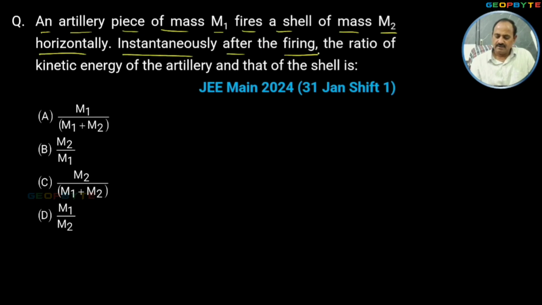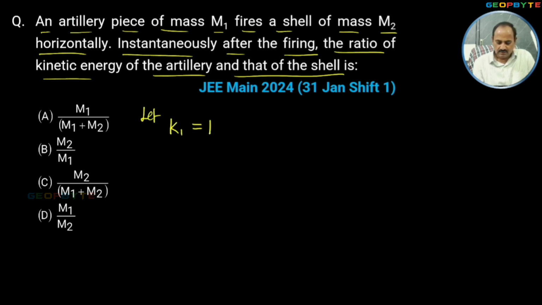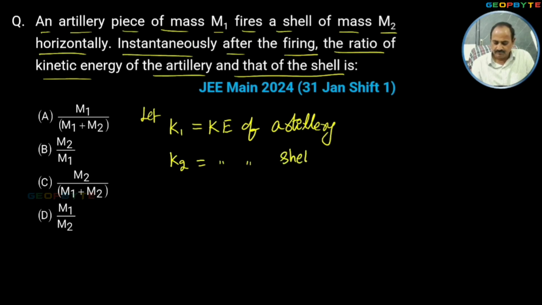Instantaneously after the firing, the ratio of kinetic energy of the artillery and that of the shell is... Let K1 equal kinetic energy of artillery and K2 equal kinetic energy of shell. He is asking what is the value of K1 by K2.